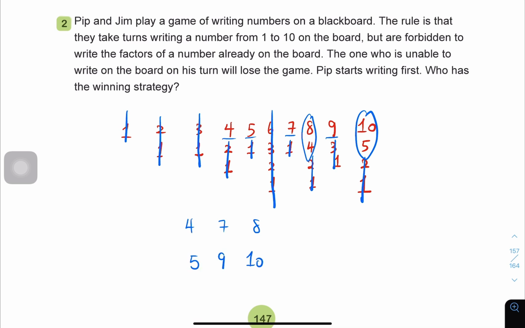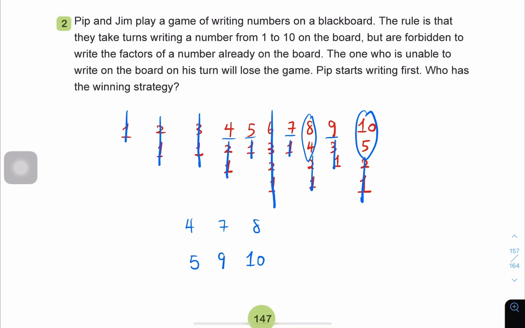So the 7 and the 9 can swap between them because they are not determined by any other numbers. But 4 and 8 and 5 and 10 are going to form a pair, which means that if Jim writes down 4, Pip can write down 5. If Jim writes down 7, Pip can write down 9. If Jim writes down 8, Pip can write down 10. And the other way around, the same. If Jim writes down 5, Pip writes 4, so on.